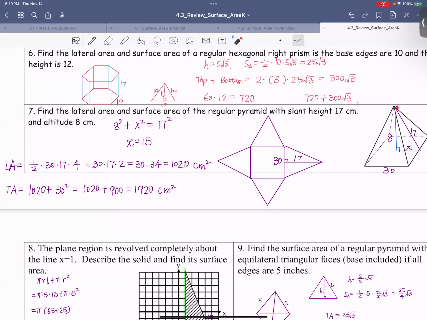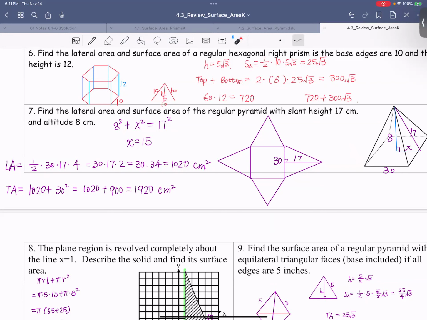And they give you the slant height as 17 and the altitude as 8. If they give you the slant height and the altitude, then you can do the Pythagorean theorem. That's the reason I asked you to remember those Pythagorean triples, so that you can do this way faster.